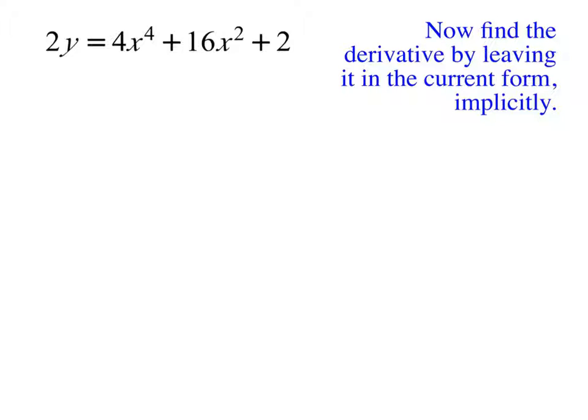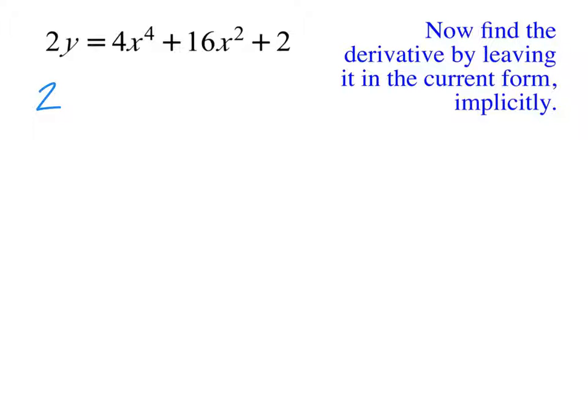All right, so to derive this implicitly, basically we are just taking the derivative of both sides of the equation as we see it. So that means first finding the derivative of 2y. Well, remember it's a constant times something. When we find the derivative of the constant times anything, the result is always 2 times that derivative.